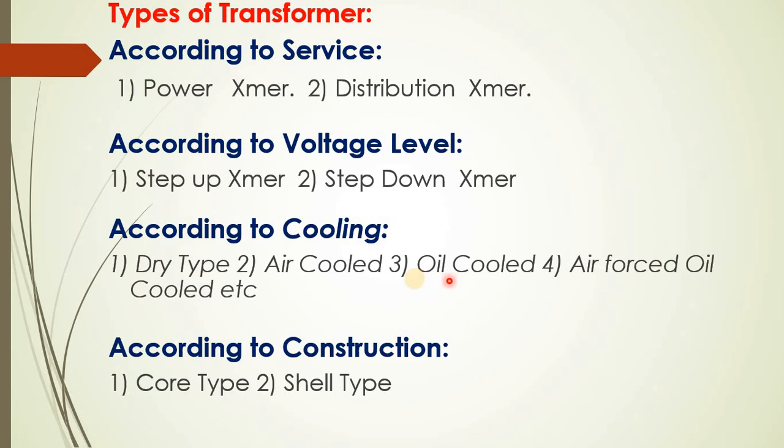Oil cooled means in the transformer tank there is oil, and that oil will collect the heat from the core and winding, and transfer that heat to the outer casing, that is the body of the transformer or the transformer tank. That will transfer it to the cooling fins. There the temperature of the oil will decrease, so cooling will be achieved.